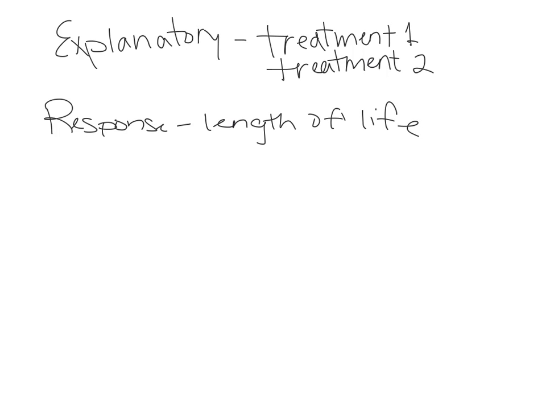So this one is categorical. This one is quantitative. Remember that quantitative has to be a measurement, whereas explanatory in this case is just what type of treatment they had. So that would be categorical. So not something that you can make a scatter plot on because both of them have to be quantitative.